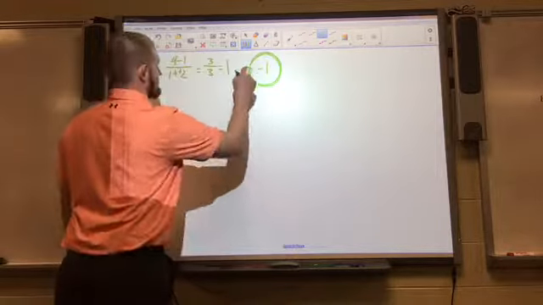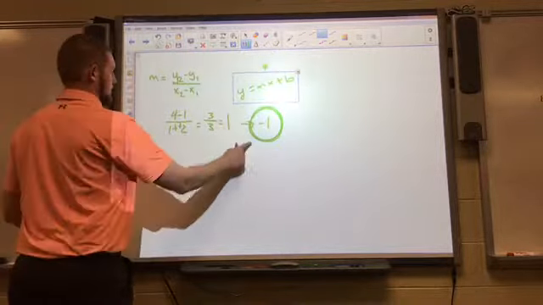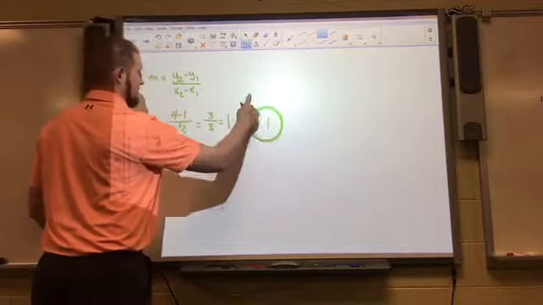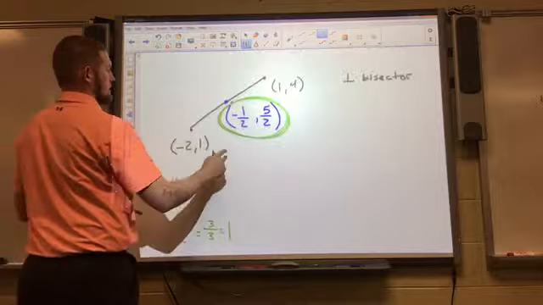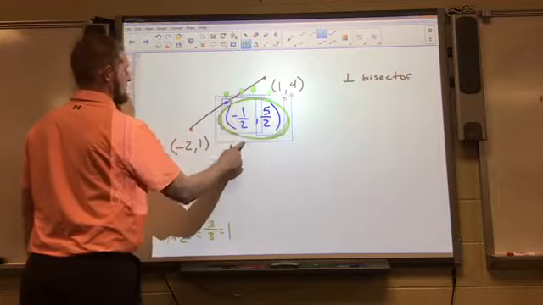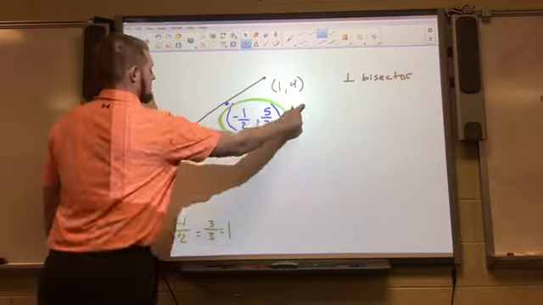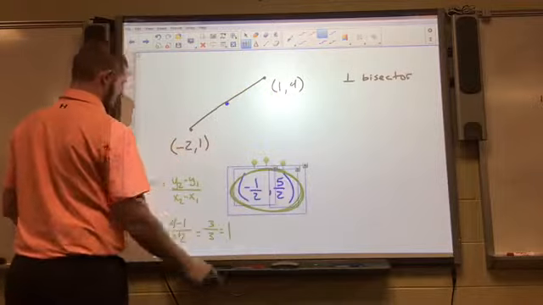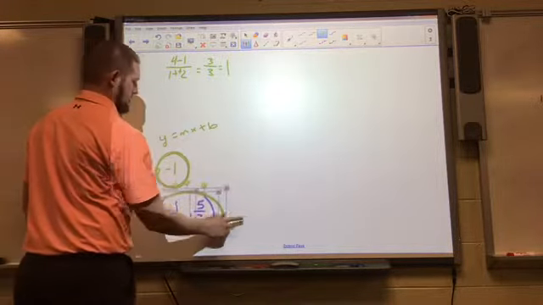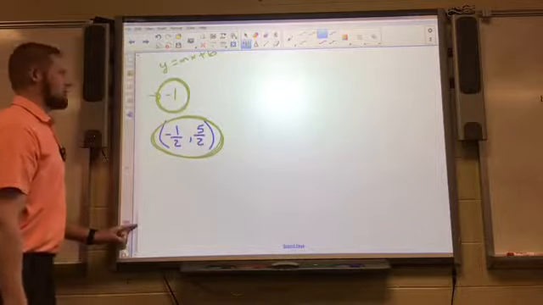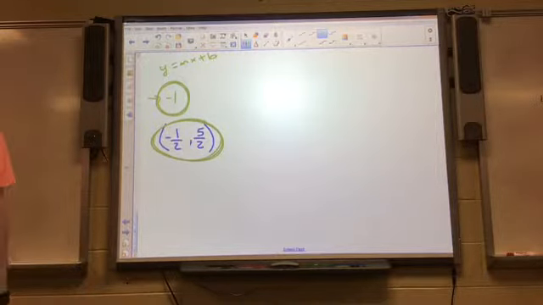Let's scoot them down here so we can know exactly what we're working with, because the rest of it doesn't really matter anymore. So I have those, and I have this. I have to try to come up with an equation of a line.